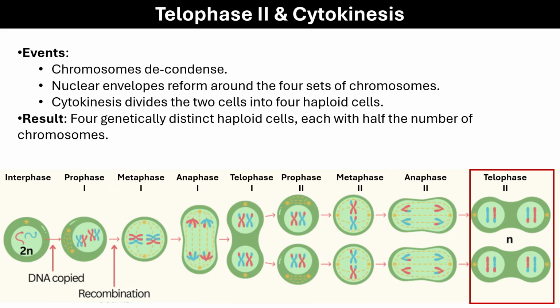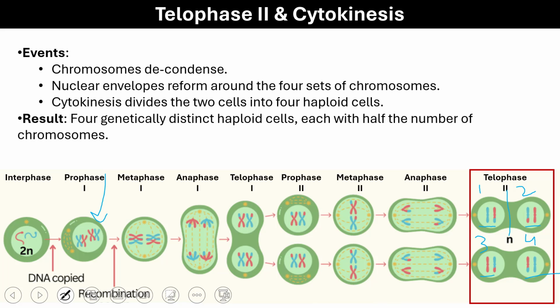So what do we get in telophase? The actual genetic diversity is visible in telophase. We started with these chromosomes, but we ended with these 4 daughter cells, and look at these. They all have different genetic makeup.